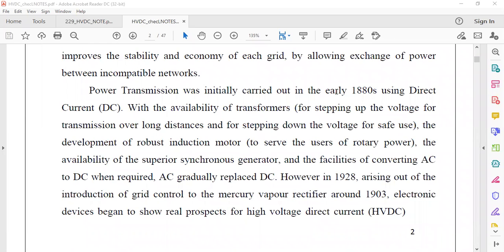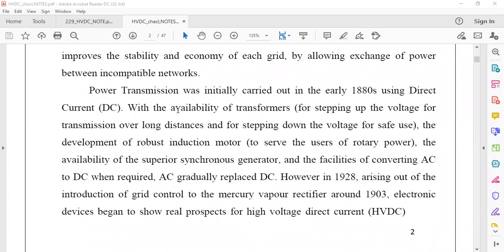Power transmission was initially carried out in the early 1880s using direct DC, right? Presently we have AC, but at first we used only DC.